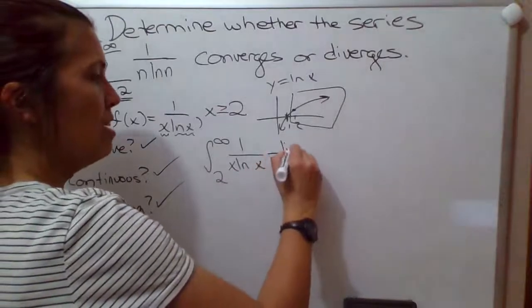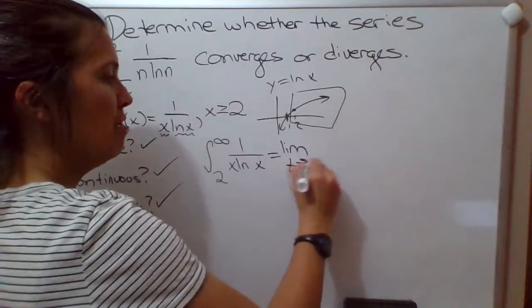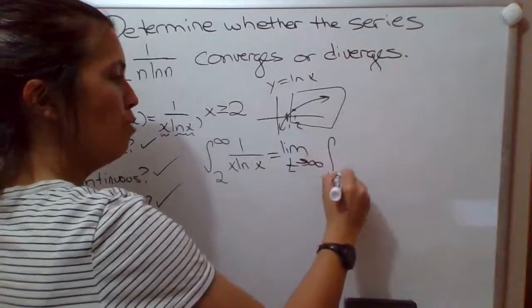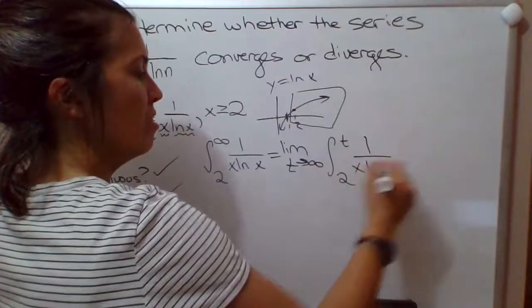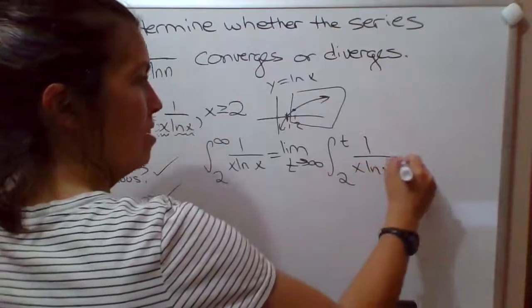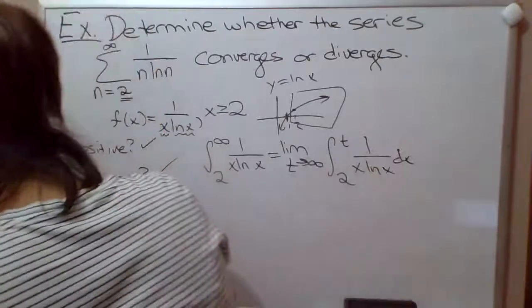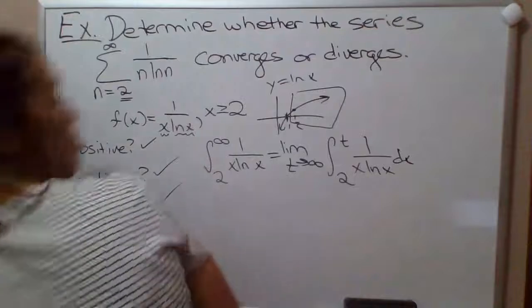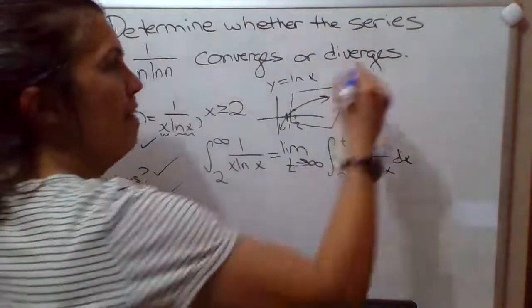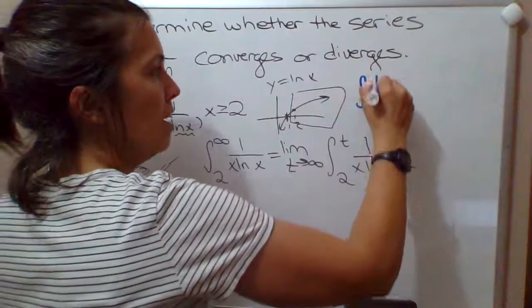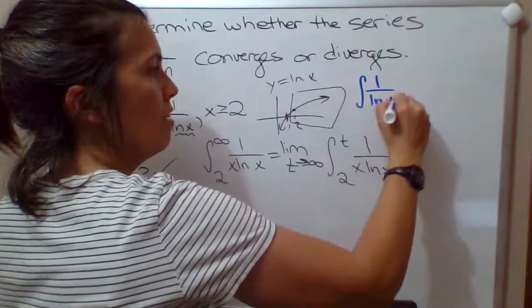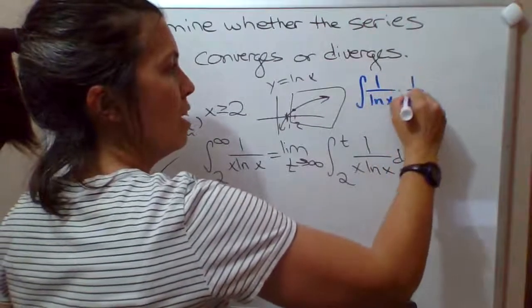So we take the limit as t approaches infinity of the integral from 2 to t of 1 over x ln x dx. And I'm going to do some scratch work in blue here. To actually integrate this, I'm going to rewrite it as 1 over natural log of x times 1 over x dx.